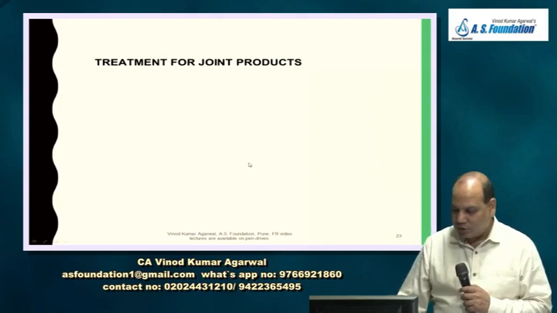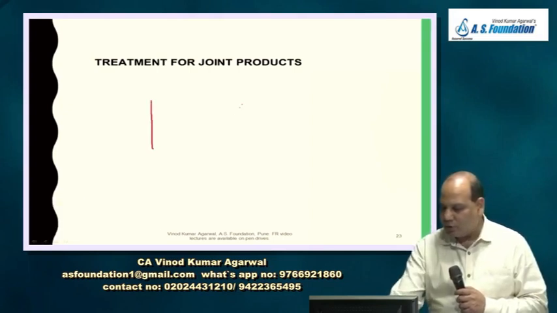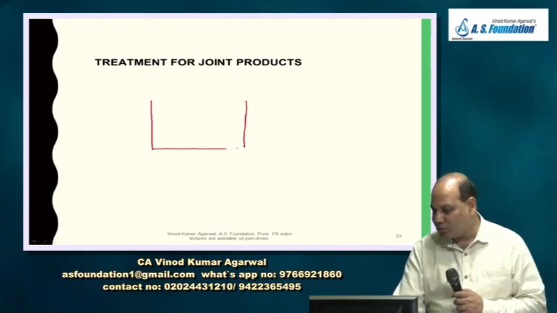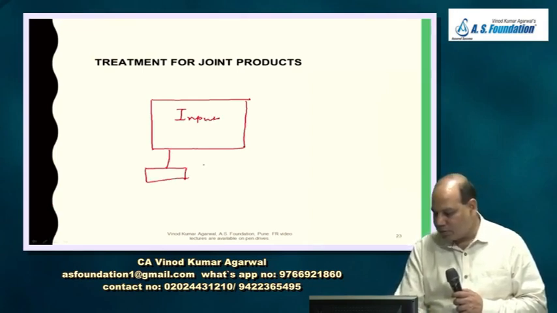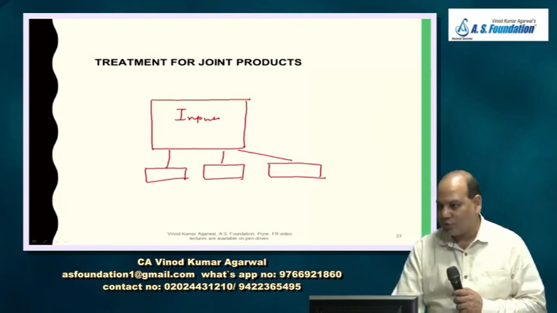What is a joint product? Sometimes the nature of the production process is such that there is one input, but it results into two or more outputs.